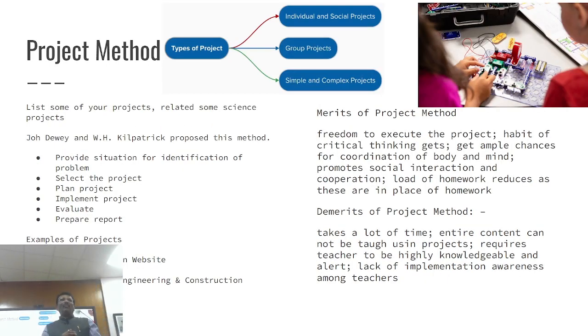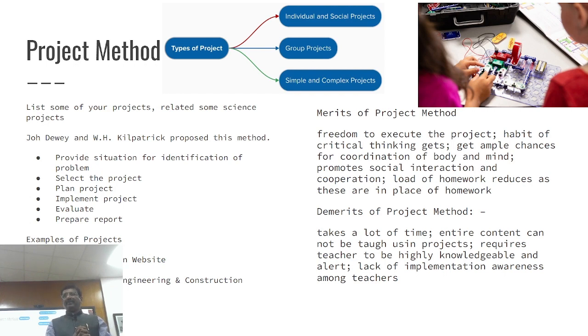Project method. What projects are you doing in your degree colleges? What projects are you giving to students? Community service projects. Okay, small research projects and community service projects you are also giving. There are three types of projects: individual problem projects, group projects, and simple or complex projects.